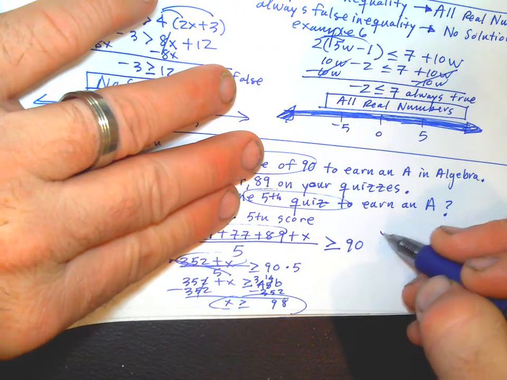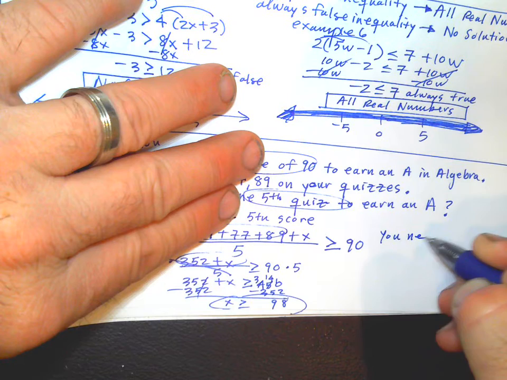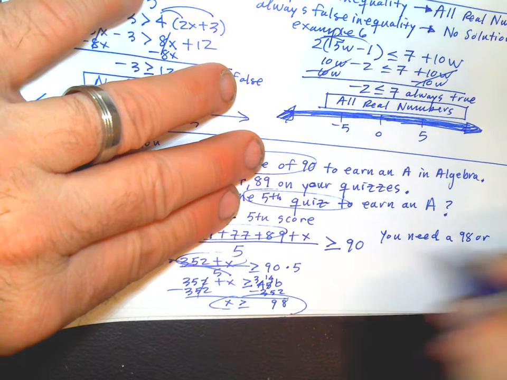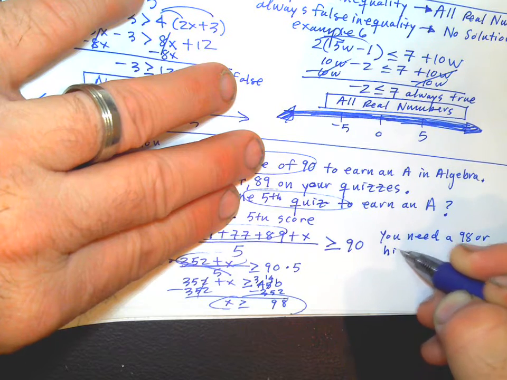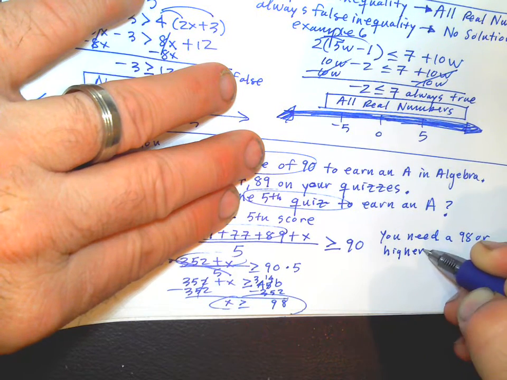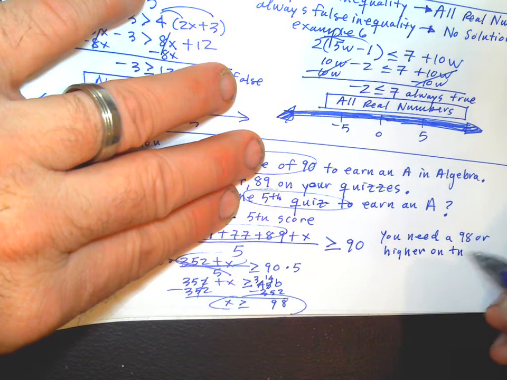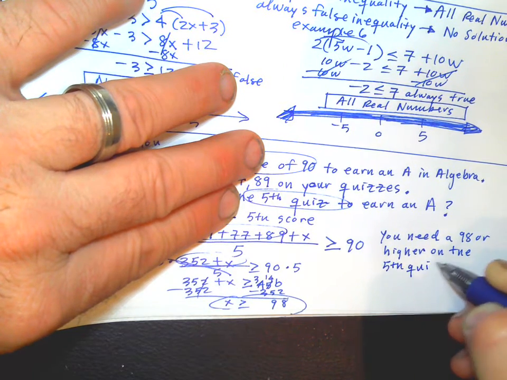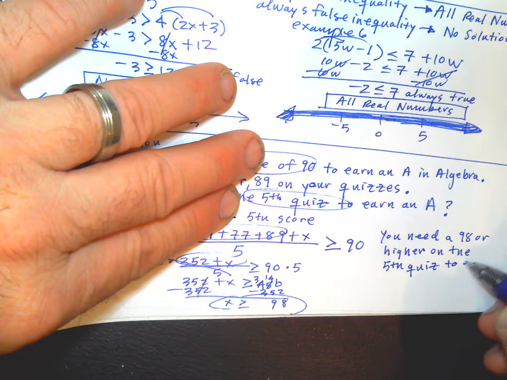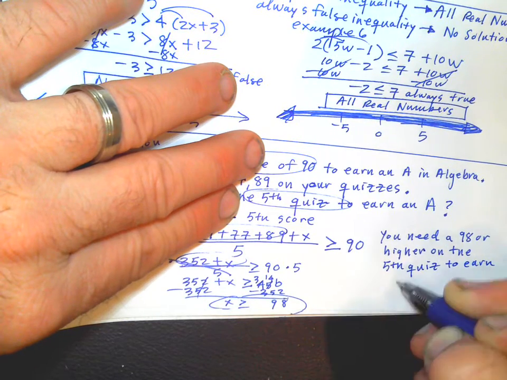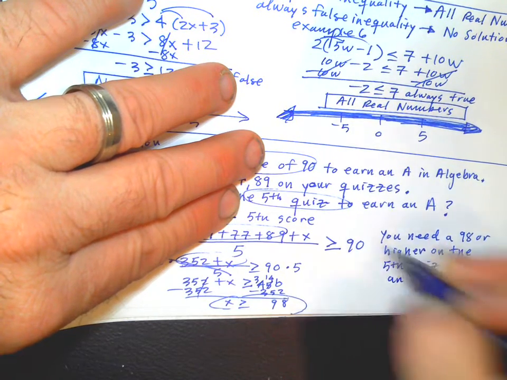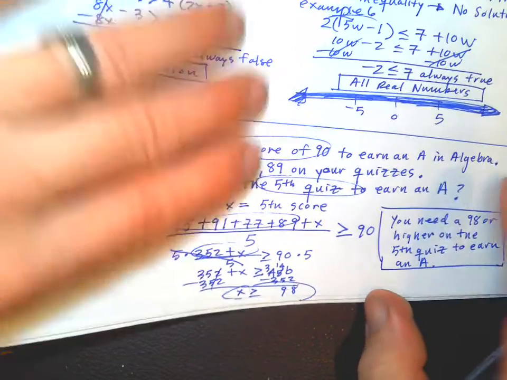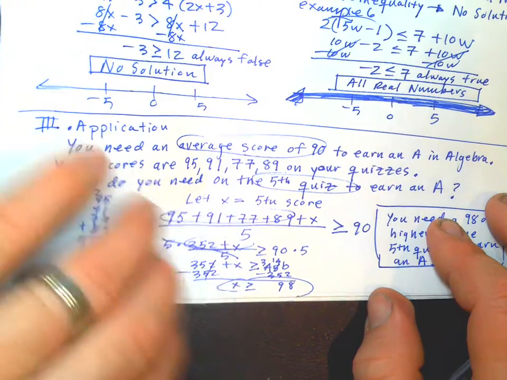So we're going to say you need a 98 or higher or better on the 5th quiz to earn an A. That's your answer. In words, like the problem was stated.